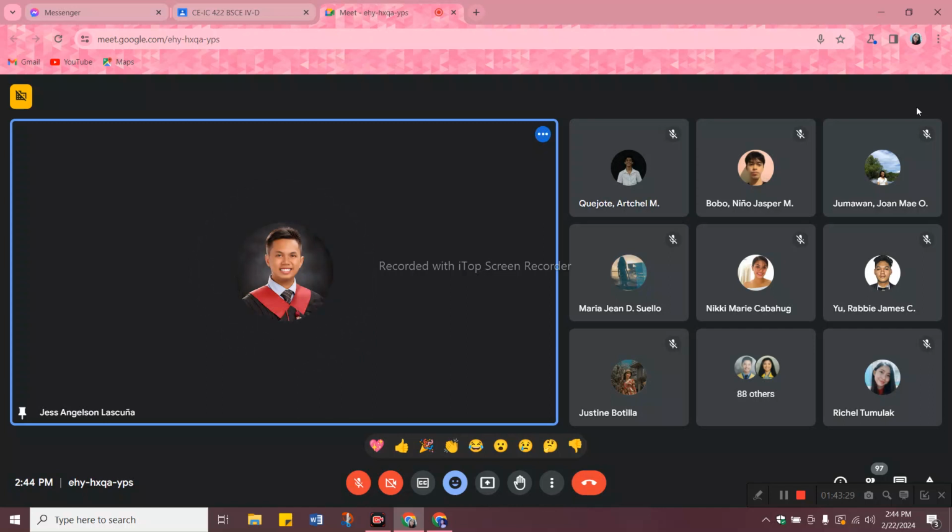Then ang sa hapon is ang 4-4, 4 to 7. Then sa Thursday ang D, 9 to 12. Sa Friday is 9 to 12 ang CC3 sa D1.